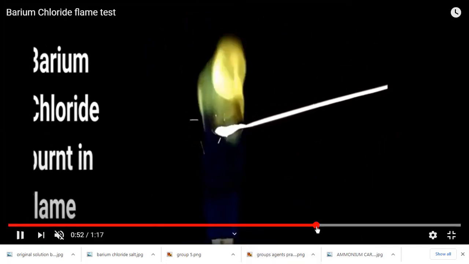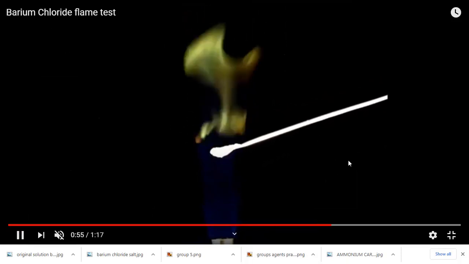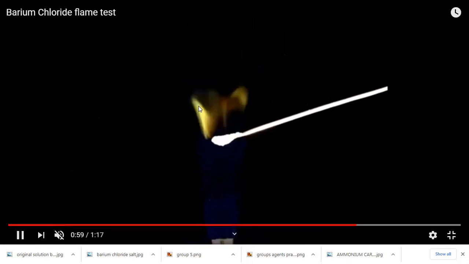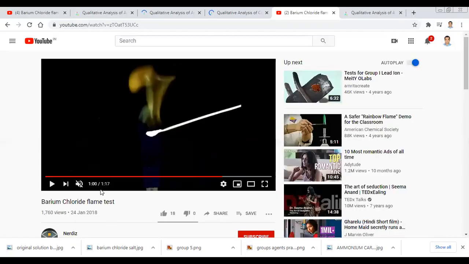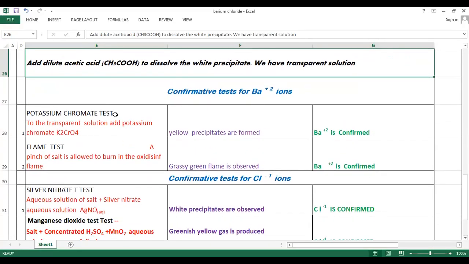And as soon as the flame touches the salt, it gives us a green colored flame. So it is the barium ion which produces such a grassy green colored flame. And this is how we confirm the presence of Ba+2 ions. So my dear students, let us write our write-up into the record book or journal.